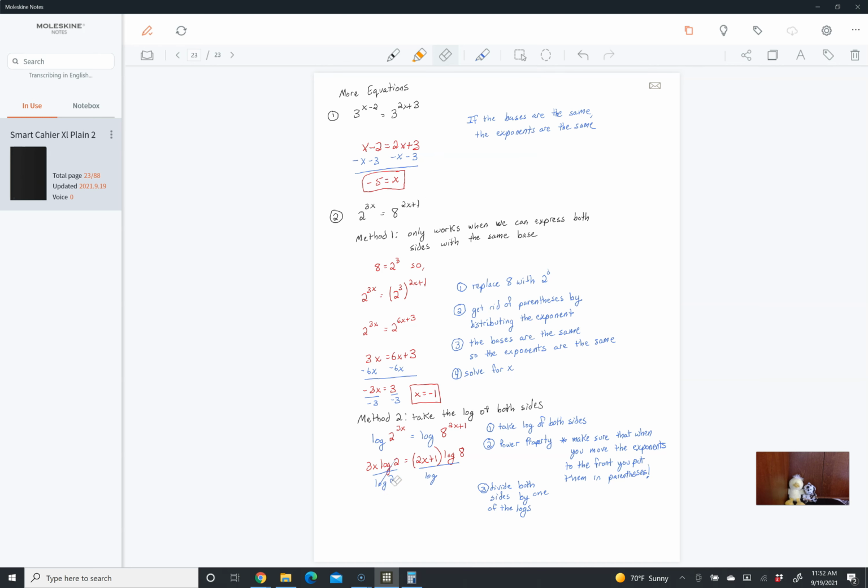That means that will go away. And log 8 over log 2, when you put that into your calculator, you just get 3.